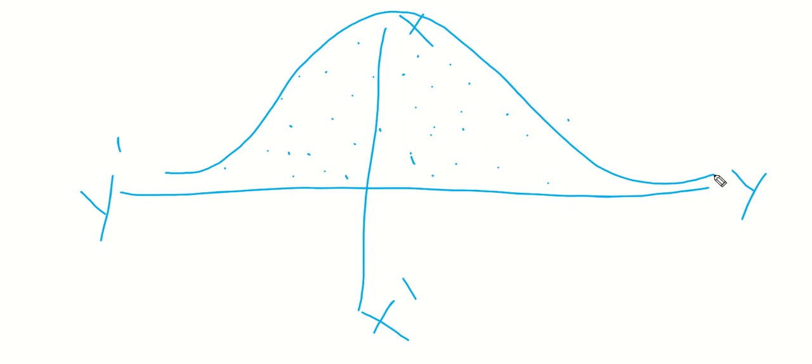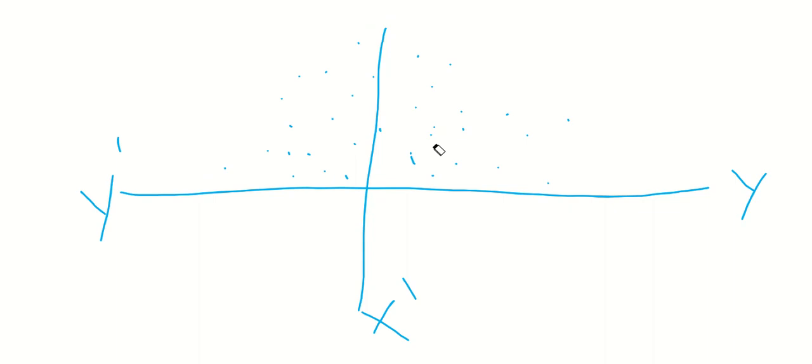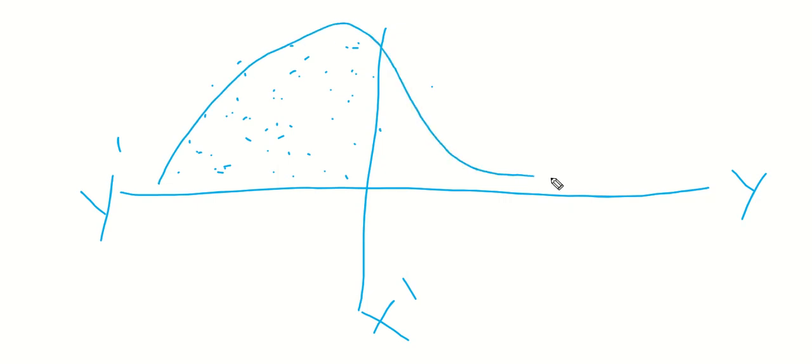So, moving forward, if in the same data, most of the values are plotted on this side, like here, okay? If most of the values are plotted on this side, the graph will look like this, right?